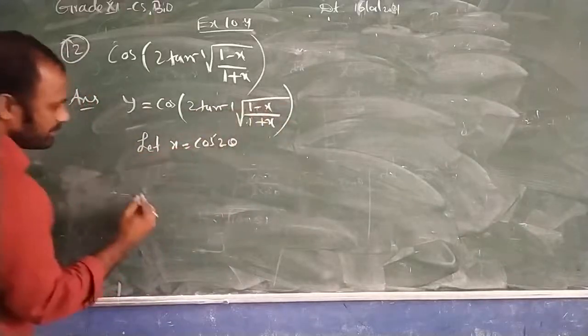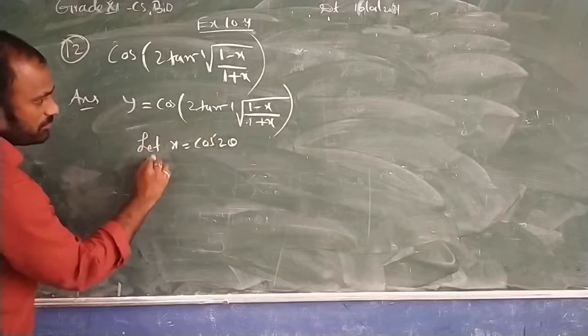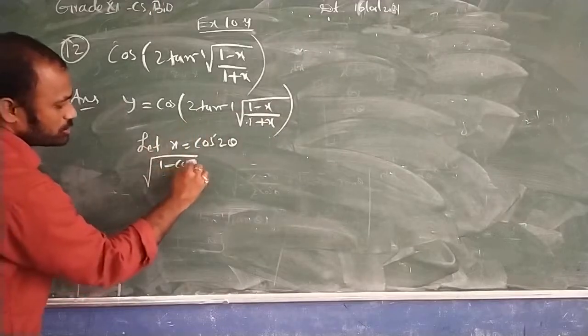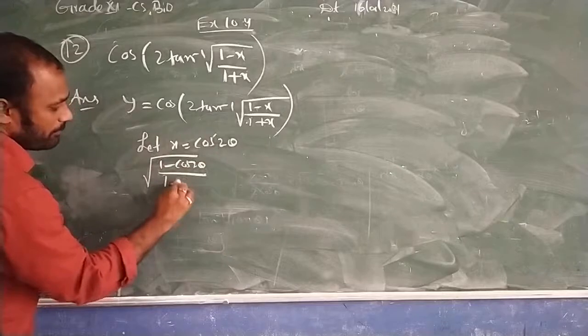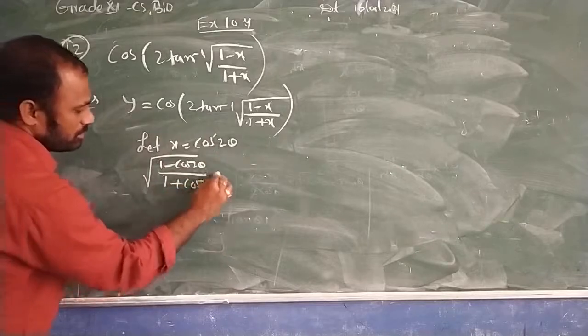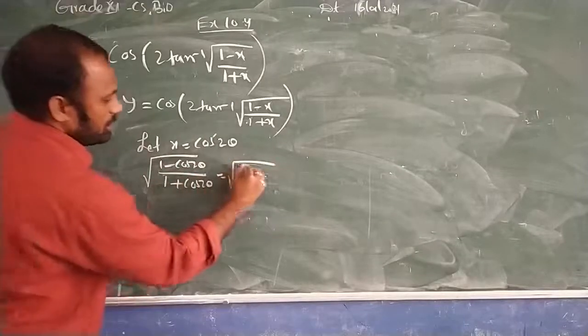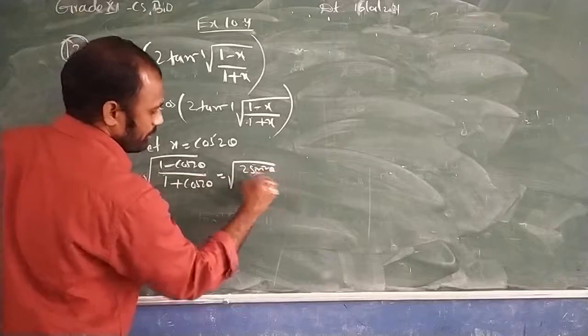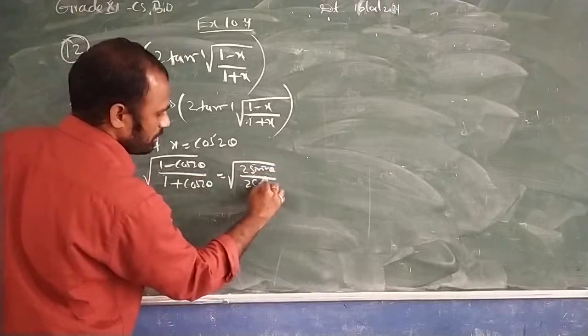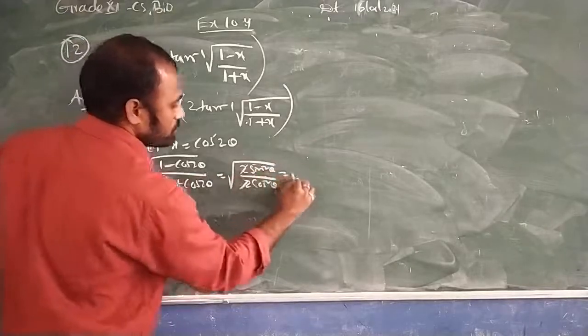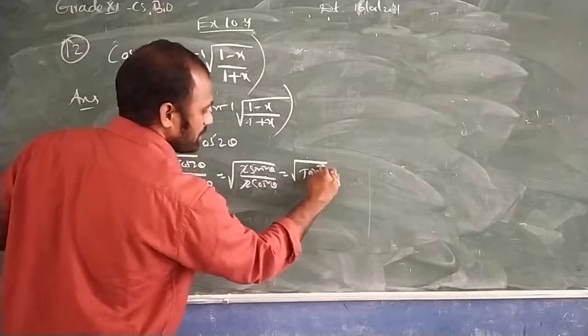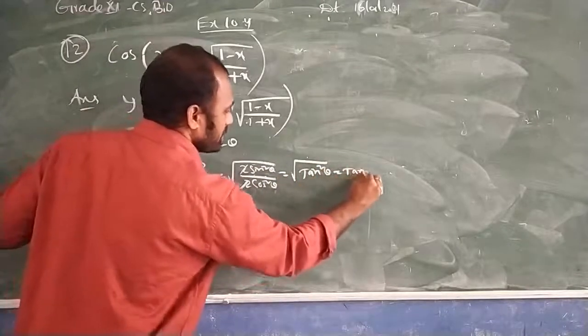If I replace that, the expression becomes 1 minus cos 2 theta divided by 1 plus cos 2 theta. So 1 minus cos 2 theta is 2 sin square theta, and 1 plus cos 2 theta is 2 cos square theta. So that is root of tan square theta, which is tan theta.